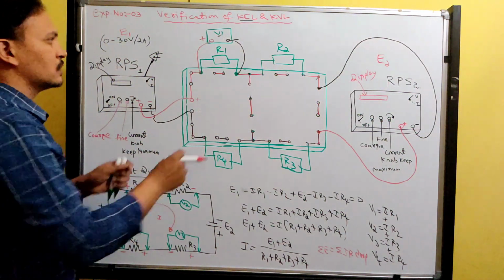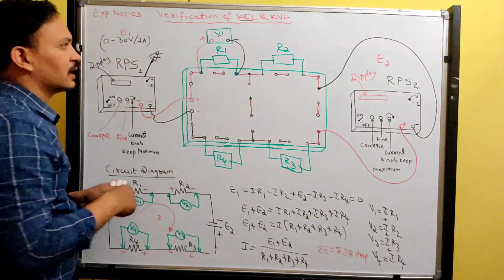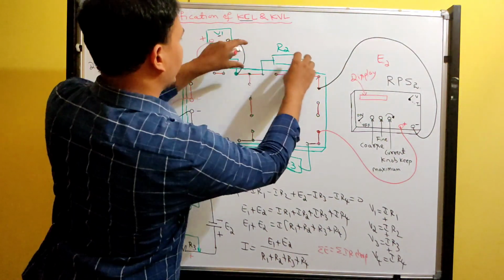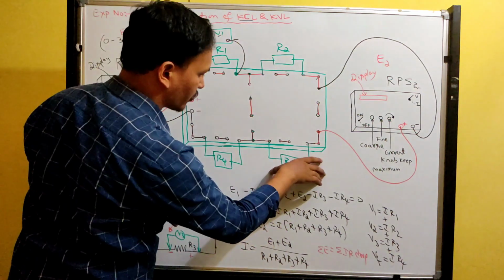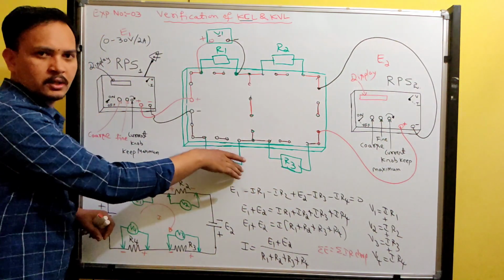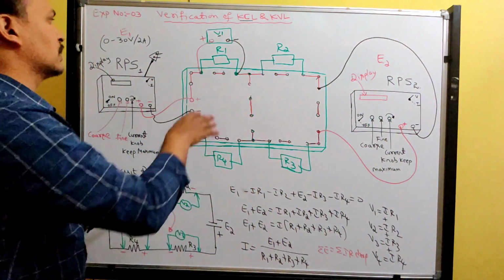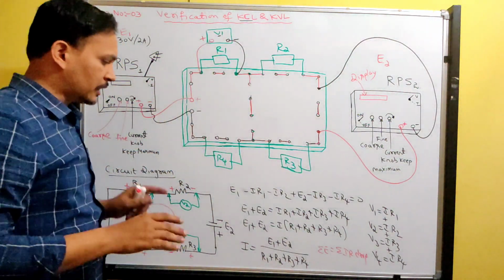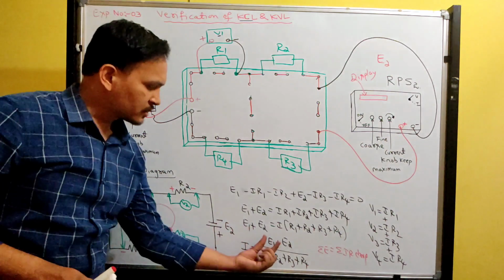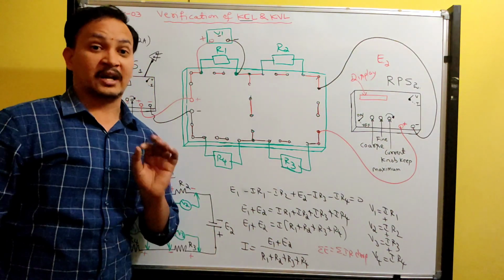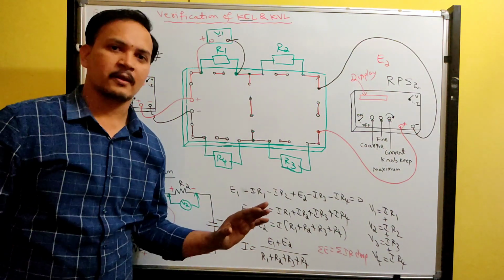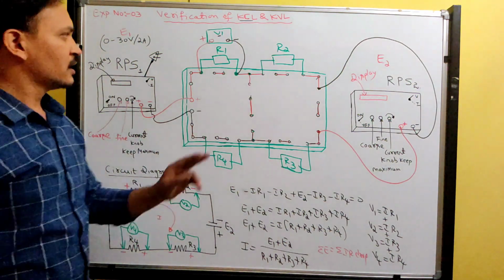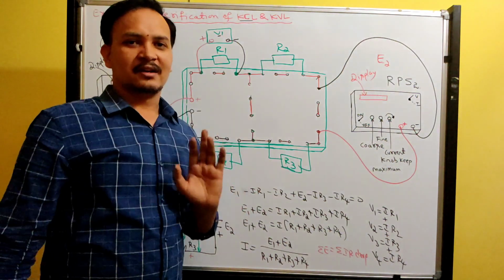Okay, got it? So it will measure V1. Like that, you connect one more voltmeter here, one more here, one more here. At a time it will show the readings V1, V2, V3, V4. Add all the readings. That should equal the summation of the EMF sources. But practically you won't get that. There is a difference. Why the difference? Because of tolerances in the resistors.